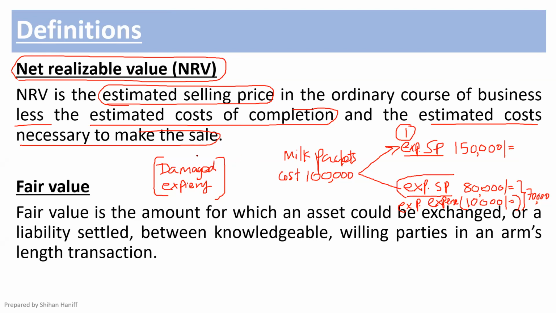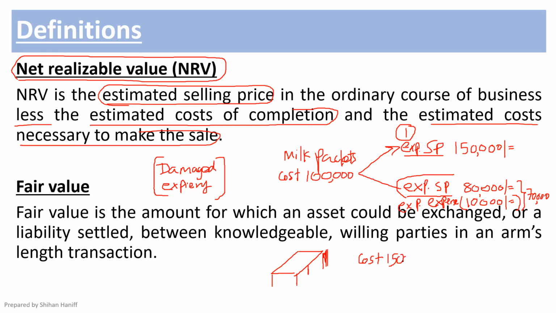Then the third definition. I'll tell you another example. Let's say we have a table. To manufacture this table, there is a cost of 15,000.